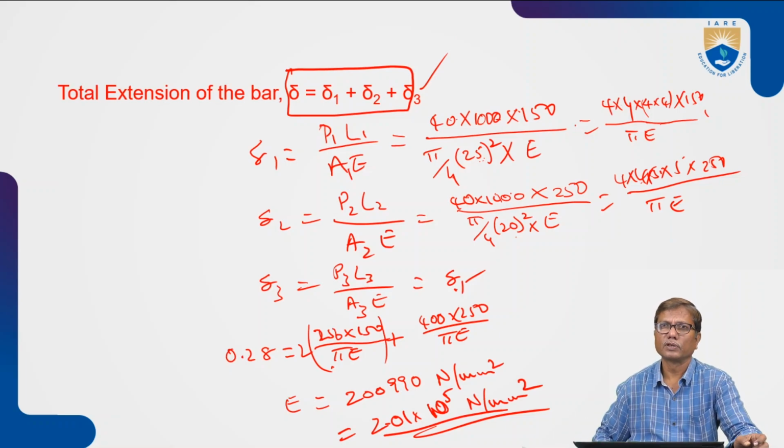If it is contraction, then delta 1, delta 2, delta 3 are also the contractions, that is negative values. Contraction means decrease in length. So it is negative.